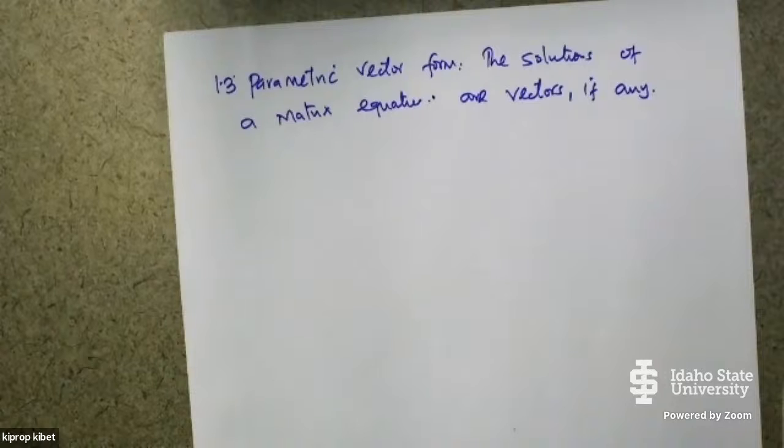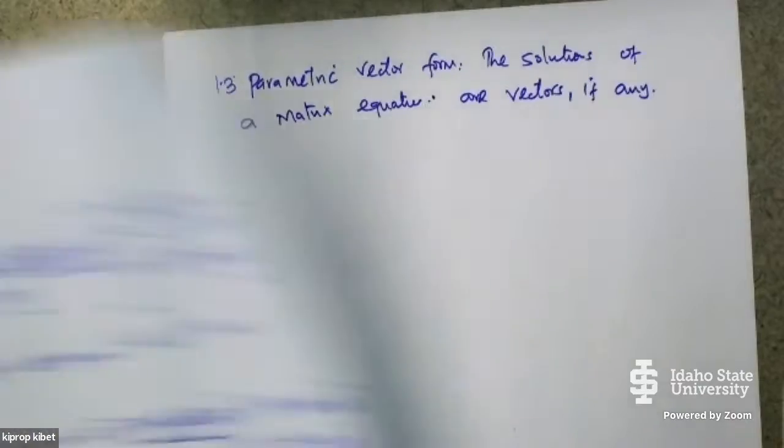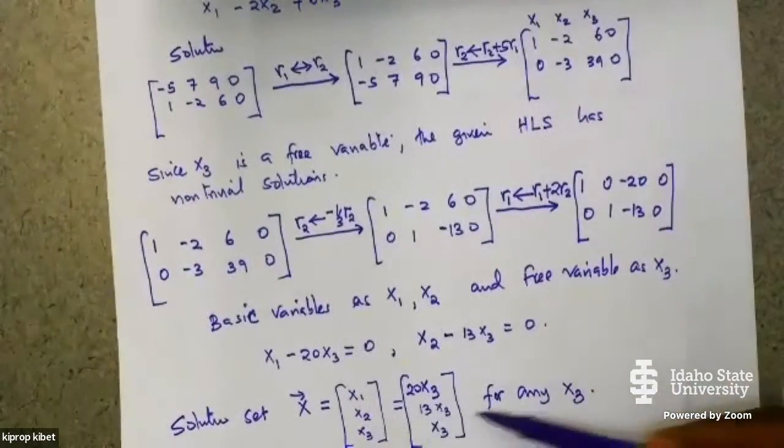So if we find that it's trivial, then the solutions are also vectors, which are x1, which is 0, 0, 0. Or we can find a solution which is of this form here.